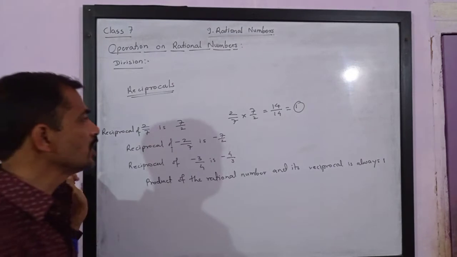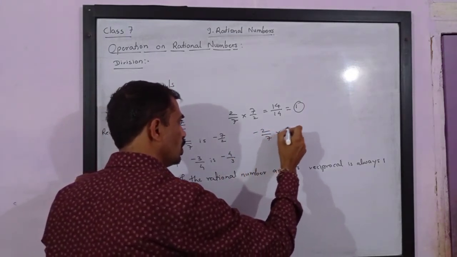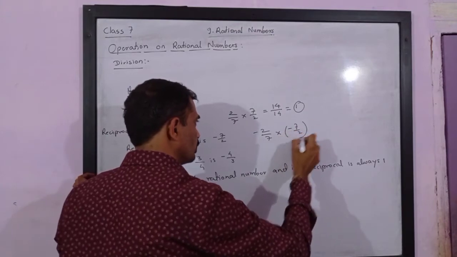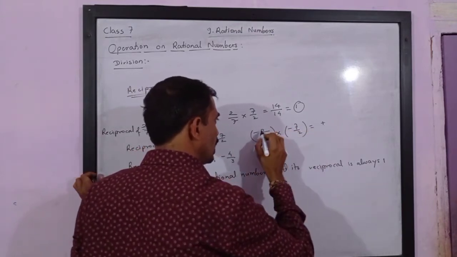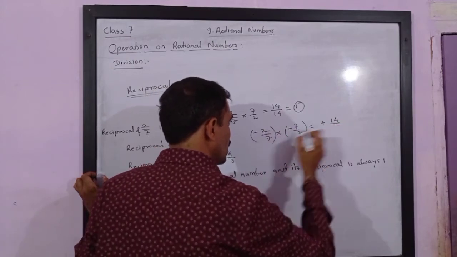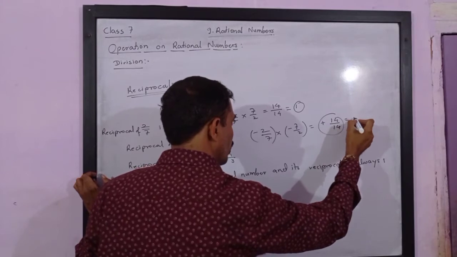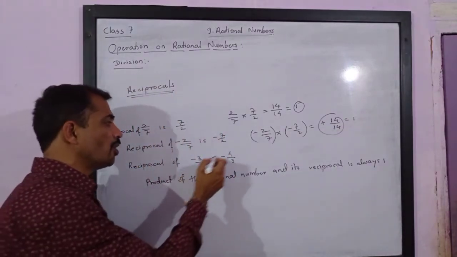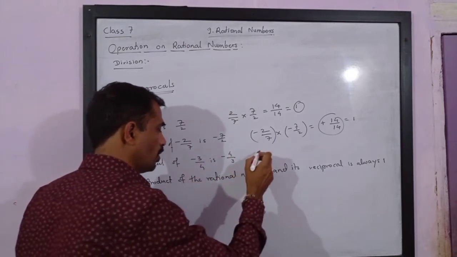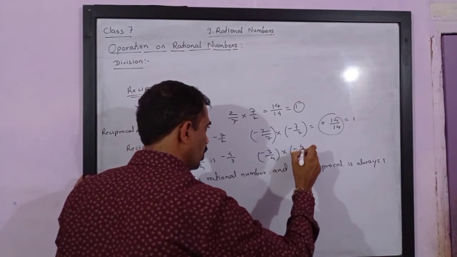Let's see what happens with the negative rational numbers. If it is negative 2 upon 7 into negative 7 upon 2. Please note, negative into negative is positive. Then 2 into 7 is 14 and 7 into 2 is again 14. Again 14 upon 14 means 1. See the next, negative 3 upon 4 multiplied by negative 4 upon 3.